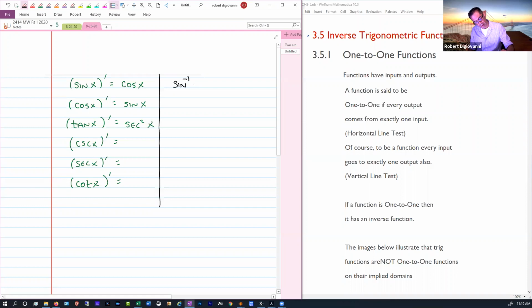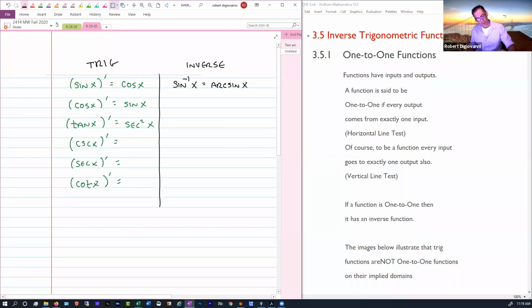And we can write it as this, or we can write it arc sine. There's 2 different notations for the same function, right? And we have arc cosine, arc tangent or inverse tangent, arc cosecant or inverse cosecant. So there are 6 inverse trig functions. So these are our trig functions, these are our inverses.